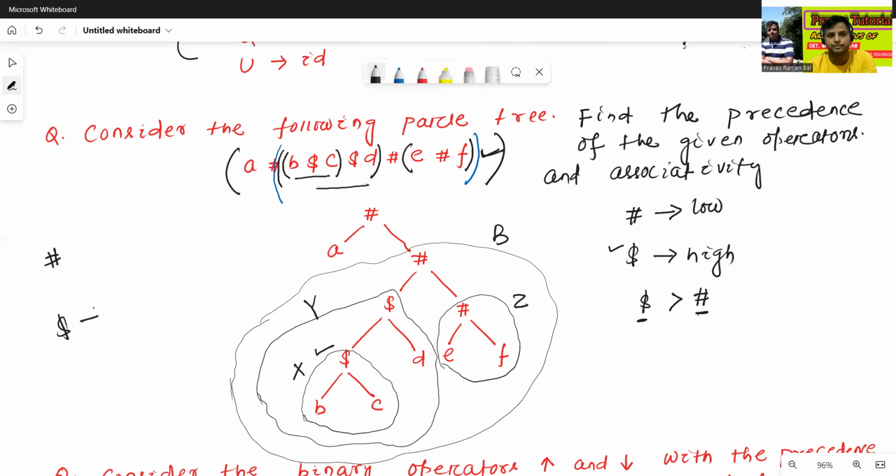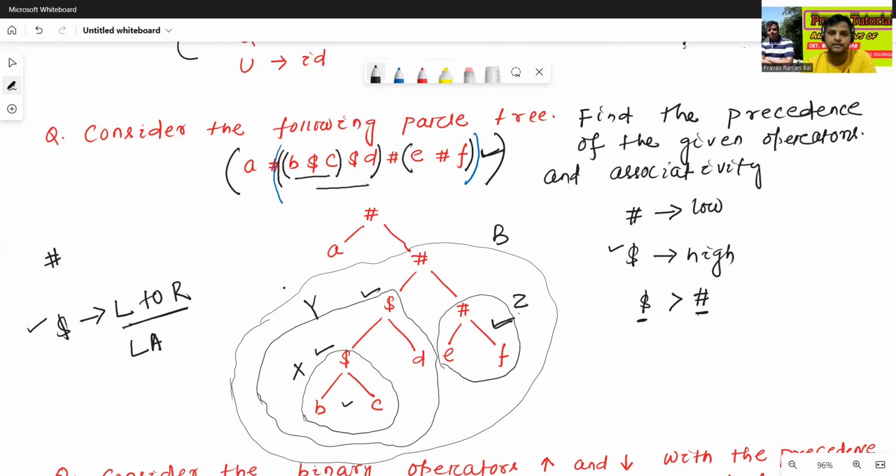So dollar moves from left to right. Since it moves from left to right, the associativity of dollar is left associative. Similarly, we can see the associativity of hash. First we'll evaluate this part.